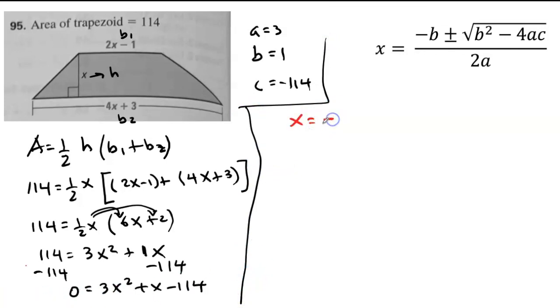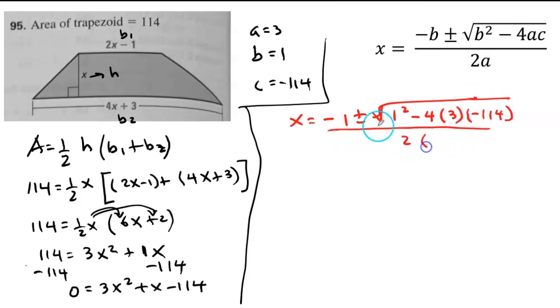X equals negative b, 1, plus or minus the square root of b squared minus 4 times a times c, negative 114. Be careful with those signs. Everything divided by 2 times a, which is 3. Let's start simplifying. Let's do the math quickly.